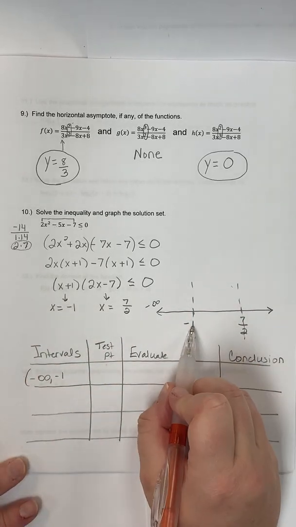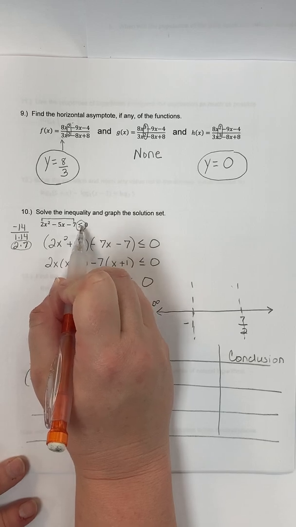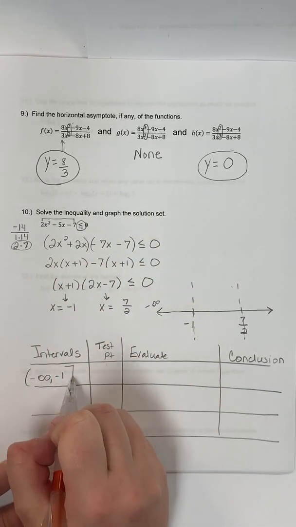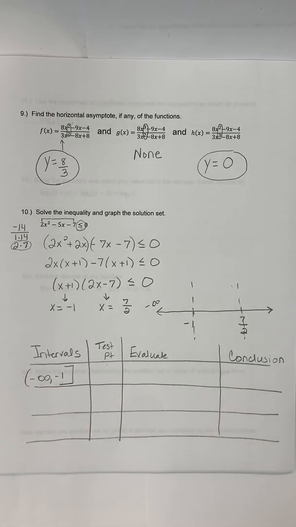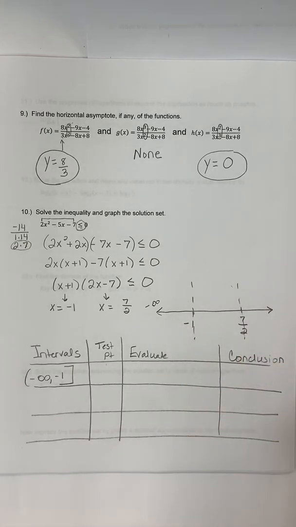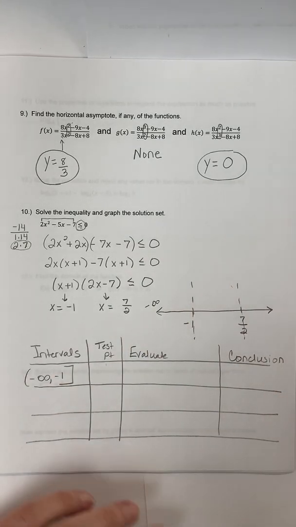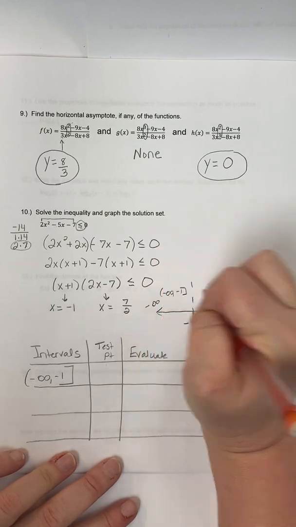Now, what kind of boundary is -1 going to get? I have to come up here. This means a hard bracket. So that's what it gets. You will not have any of those rational expressions where you have to be careful with the numerator and the denominator, and sometimes it's a parenthesis. You don't have to worry about those. So this interval looks like this.